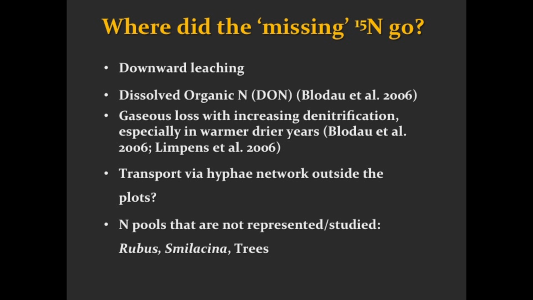There's also a possibility of dissolved organic nitrogen export, either downward or outward from the plot, and also gaseous loss, and transport through the trees. Remember, the trees have an ectomycorrhizal hyphae network that could transport nitrogen outside the plot that we collected from. Also, clearly, we didn't cover all the vegetation species that we wanted to, in particular trees and herbaceous plants, which by the end of October are all dead and probably not there anymore, blown away.